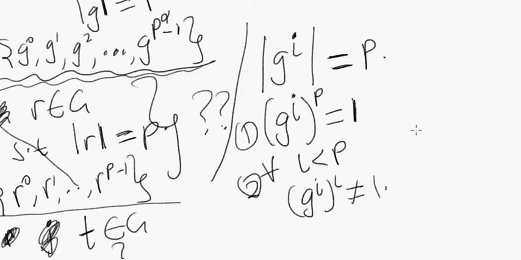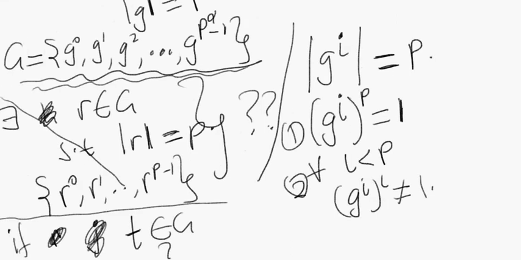So the question becomes, can we find some element g to the i in this group for which these two conditions hold? Can you think of an element in the group G such that when we raise it to the power of p, we get the identity?